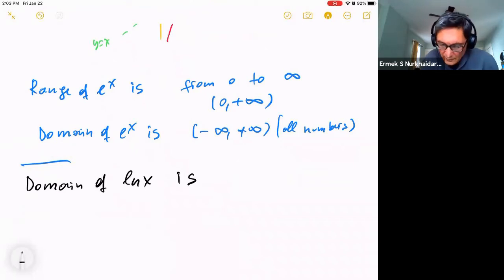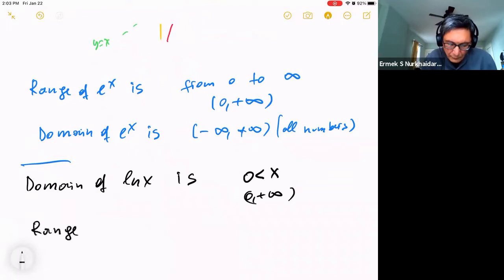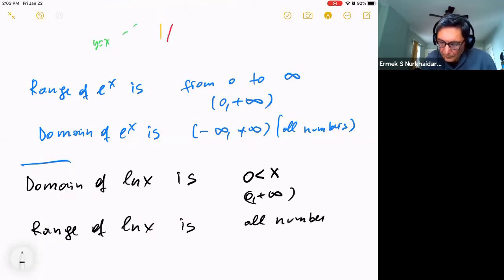So it is only when x is positive, 0 to plus infinity. The range of natural log is all numbers.